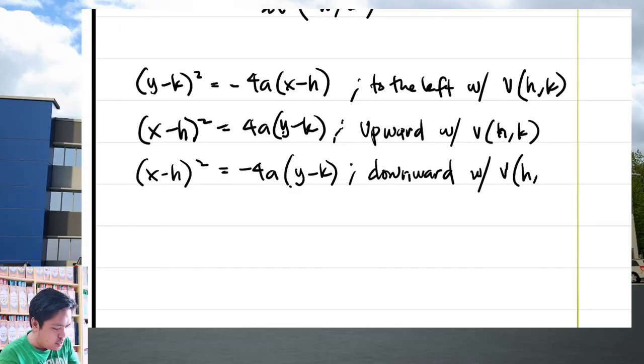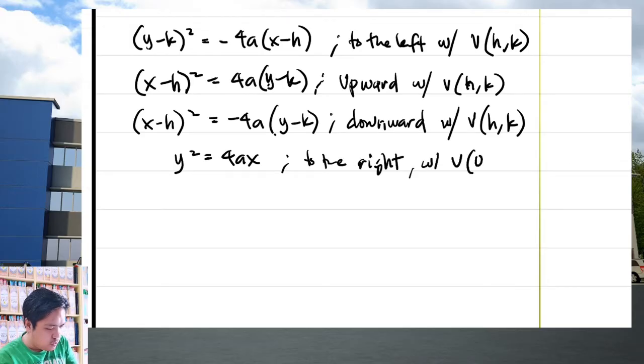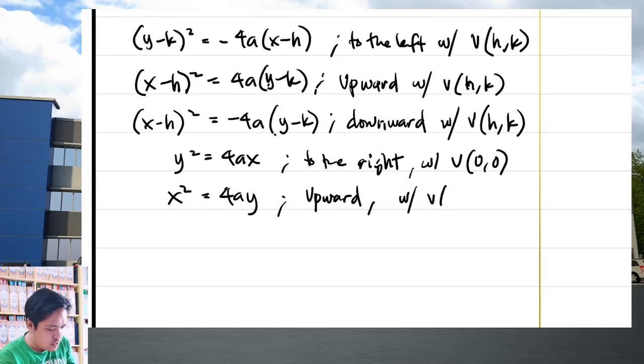vertex at hk. Now, if the vertex is at the origin, of course it's simpler, we'll have y squared is equal to 4ax, that would be to the right with vertex at the origin. And we'll have x squared equal to 4ay, that's upward with vertex at the origin.